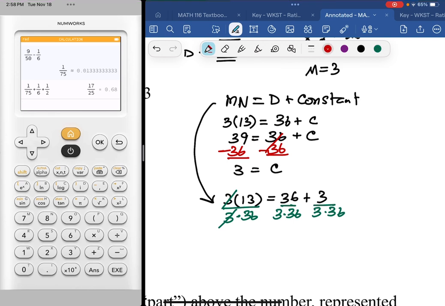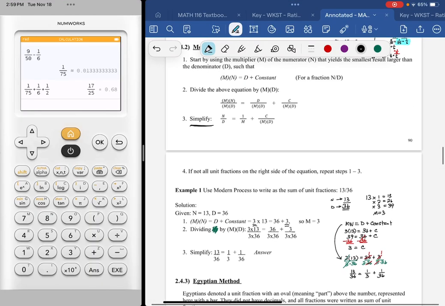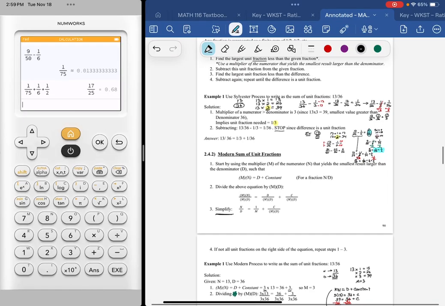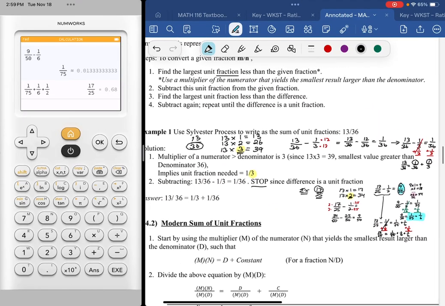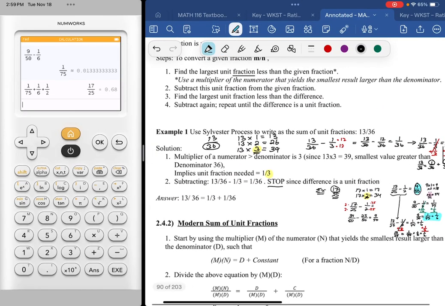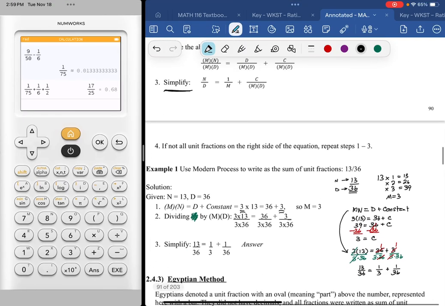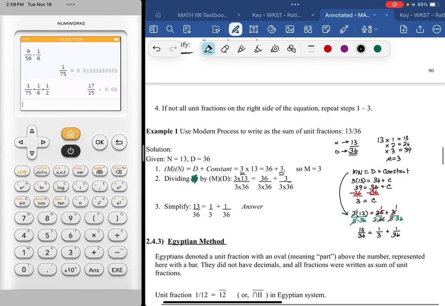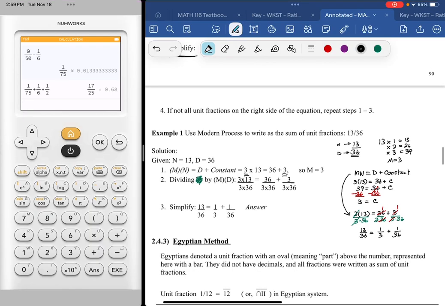All right, so over here, 36 divided by 36 is 1. 3 divided by 3 is 1. So 13 over 36 is equal to 1 over 3 plus 1 over 36, which is what we got before. We actually did the same stuff. All right, so in using the Sylvester process, we did the same thing, except we structured it more algebraically here.